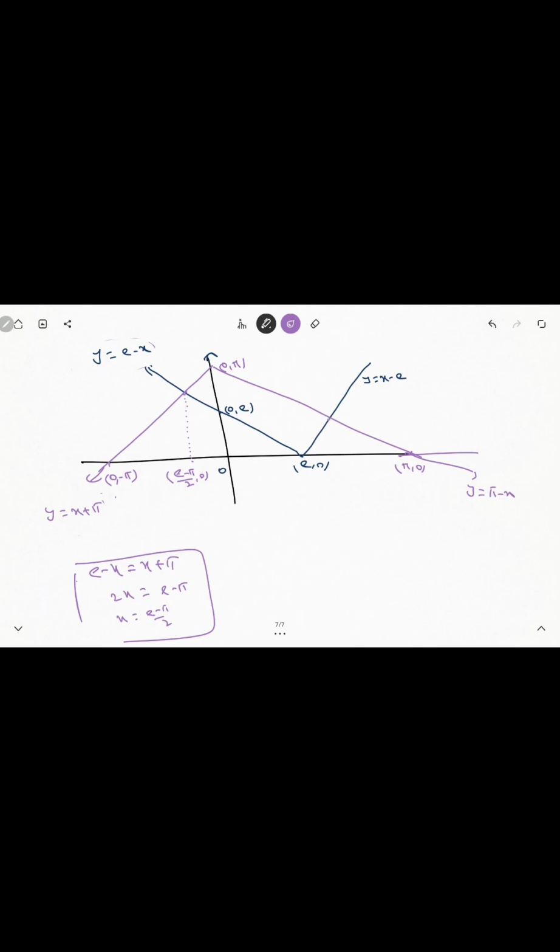Again, how to get this point? Again, how to solve two rays? What are those? y is equal to x minus e and y is equal to pi minus x, the same as above. You will be getting pi plus e by 2, this part, comma 0. So minimum is lower portion should be taken. So let me shade like this. Minimum means this part you have to take.